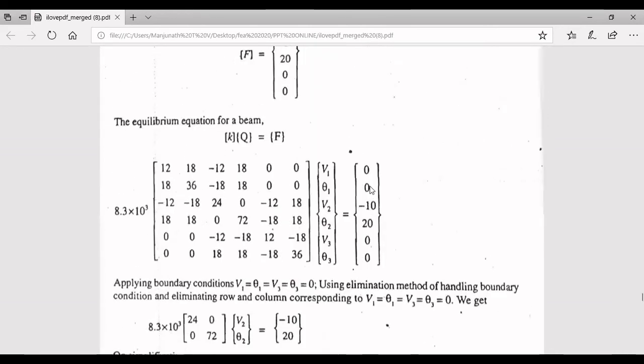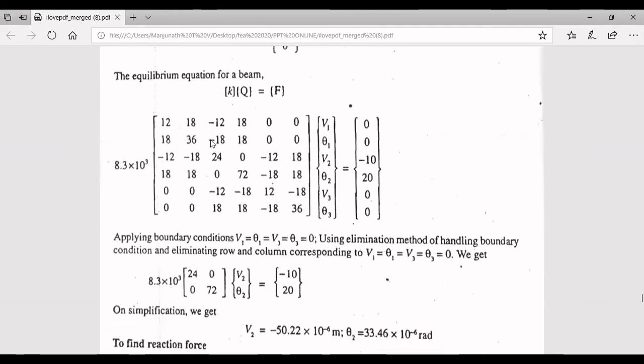So if you eliminate the corresponding rows and columns, only 24 remains. If you eliminate the rows and columns of the first node, and similarly v3 and theta 3 rows and columns, only 24 0 0 72, 24 0 0 72 remains, for v2 theta 2, which is equal to minus 10 20.